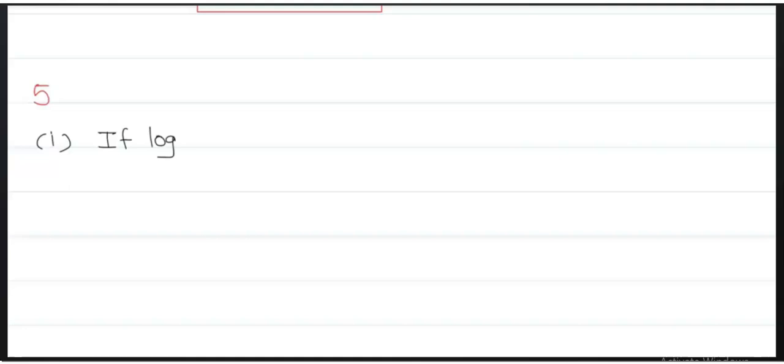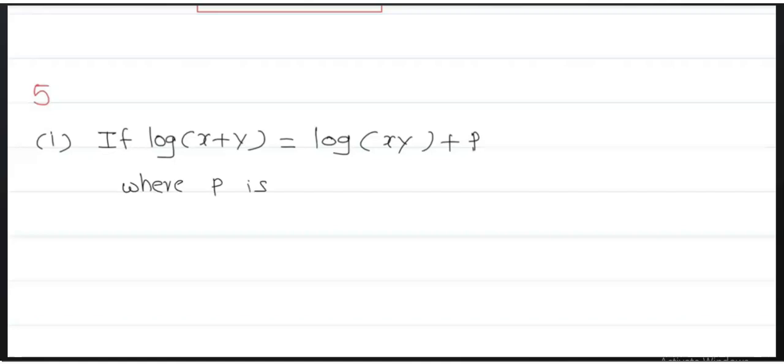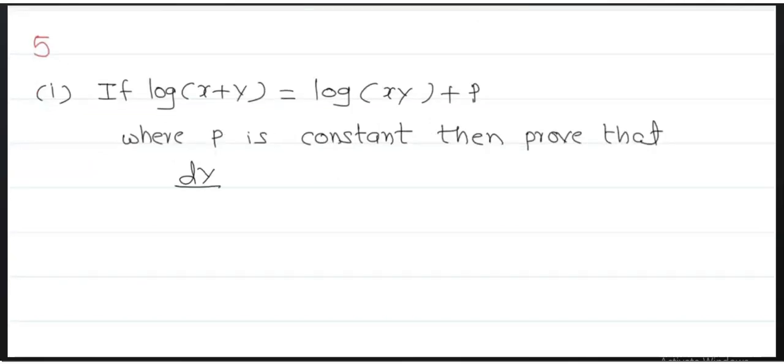If log of (x plus y) is equal to log of xy plus p, where p is a constant, then prove that dy by dx is equal to minus y square upon x square.